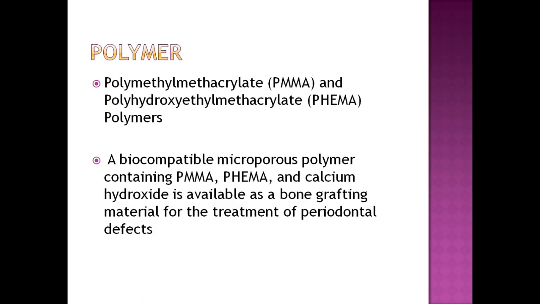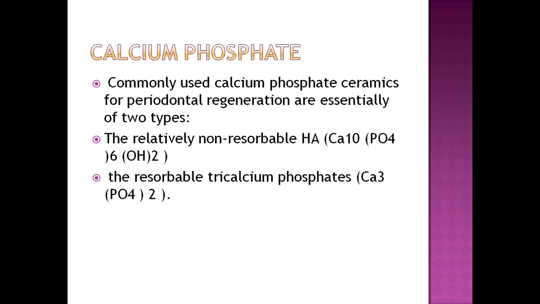Polymer: it's a polymer of polymethyl methacrylate and polyhydroxyethyl methacrylate in combination with calcium hydroxyapatite, which is available for bone grafting in various periodontal defects. Next is calcium phosphate. The commonly used calcium phosphate ceramic for periodontal regeneration is available in two forms, non-resorbable hydroxyapatite and resorbable tricalcium phosphate. The structure of both are different.